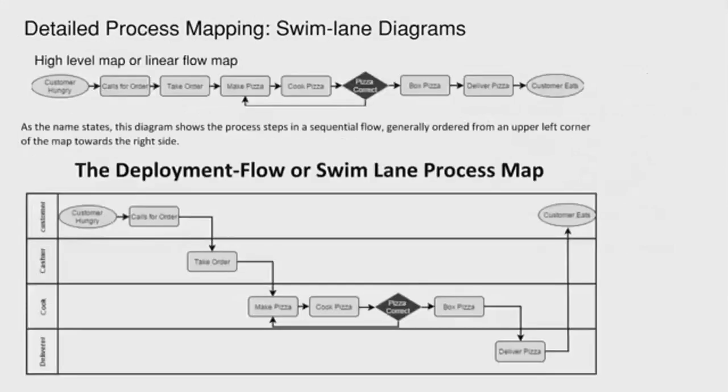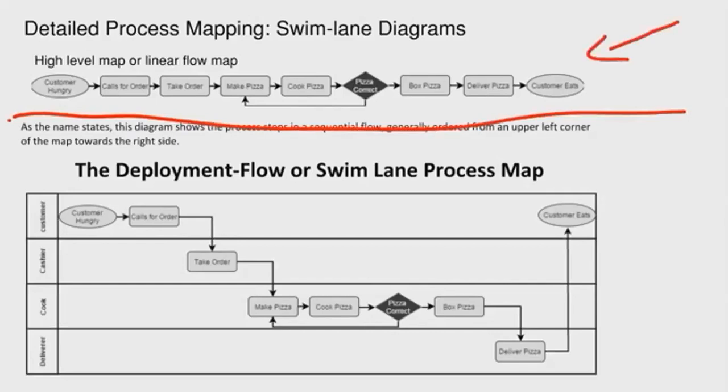All right, I'm pulling pictures and information from the business process improvement workbook. Before we dive into the details of a swim lane diagram, I want to compare it to a different type of process map that we've talked about. The map above this red line is a high-level process map.